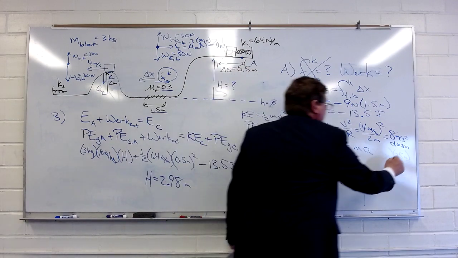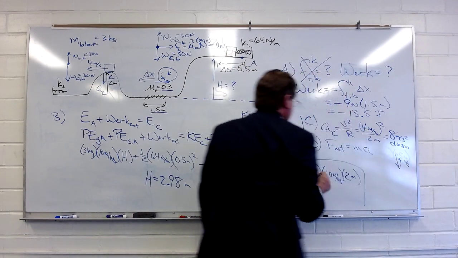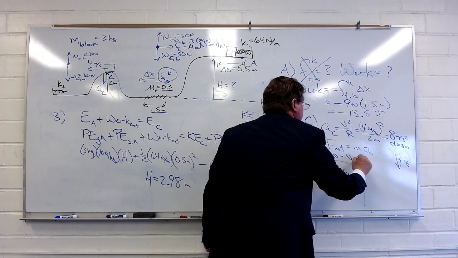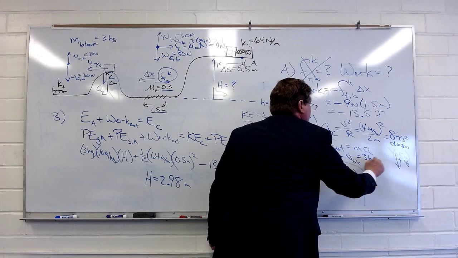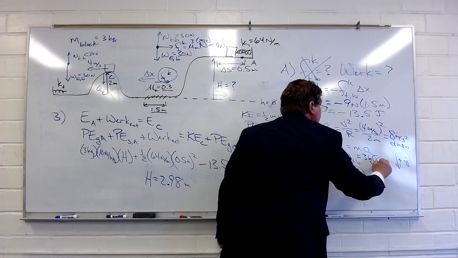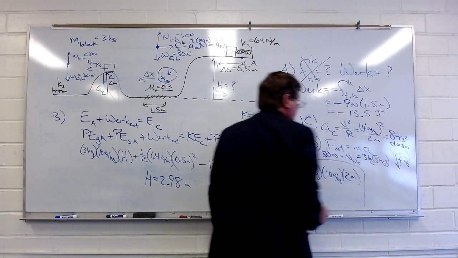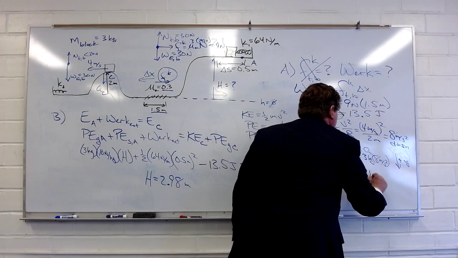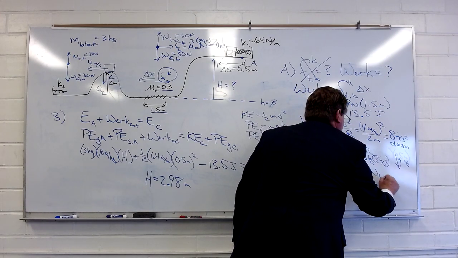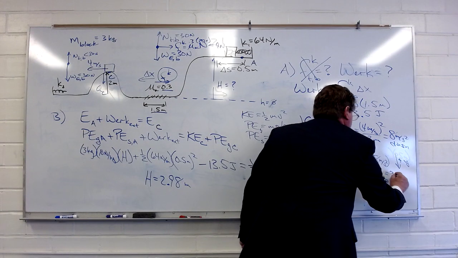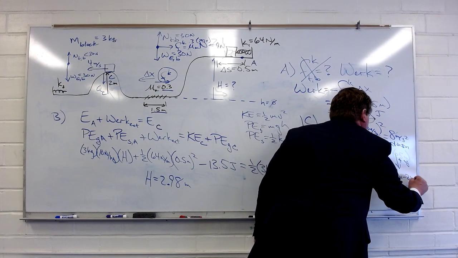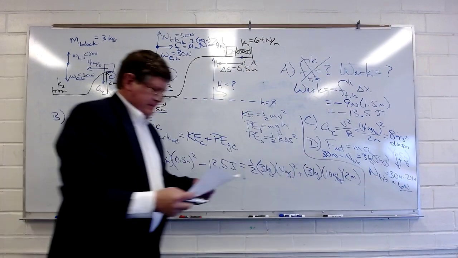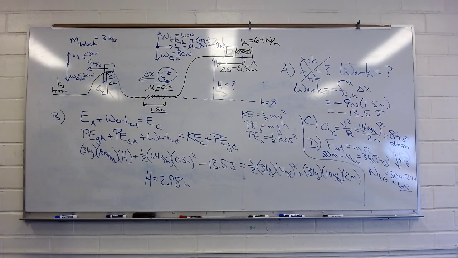If again I call down the positive y direction, then I've got 30 newtons minus the normal force by the track on the block is equal to the mass, 3 kilograms, times the acceleration, which is 8 meters per second squared, and it would be a positive 8 because it's down. When I solve that for the normal force by the track on the block, I get 30 newtons minus 24 newtons equals 6 newtons. Okay.